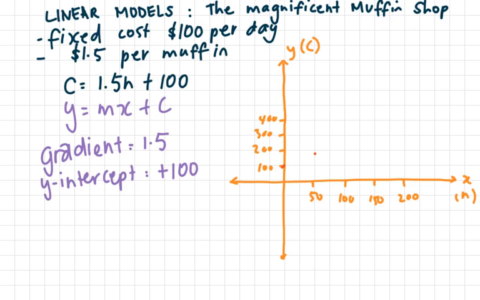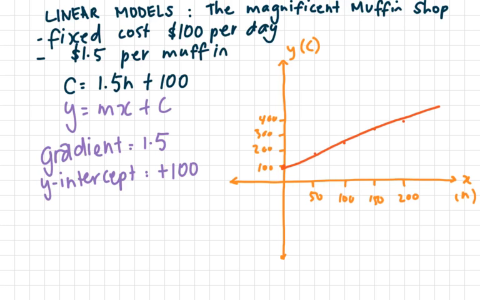So my next point should be at 100 and 250, and then at 150 and 325, and then 200 and 400. So you can get those values by putting them into a table of values, or you can do that if you draw your graph electronically. And I'm just going to quickly join these up.